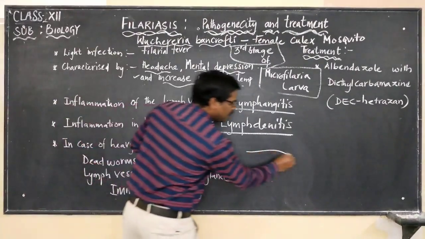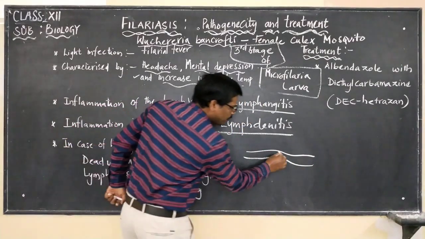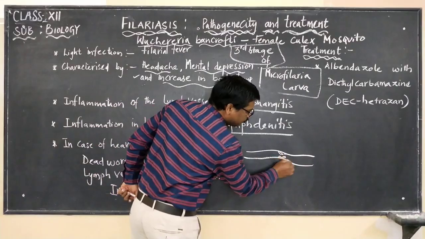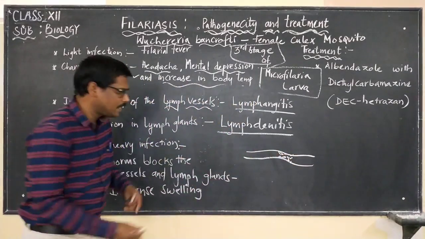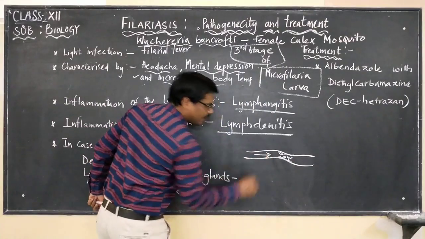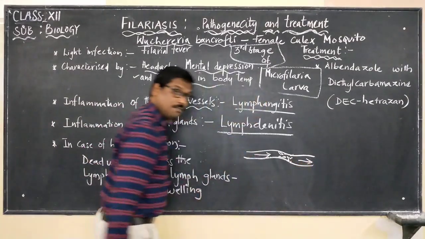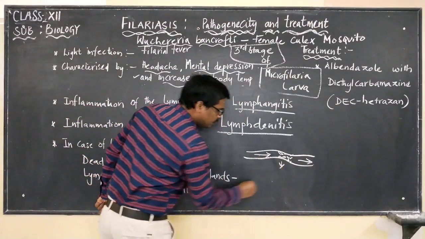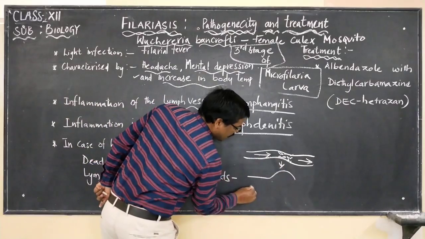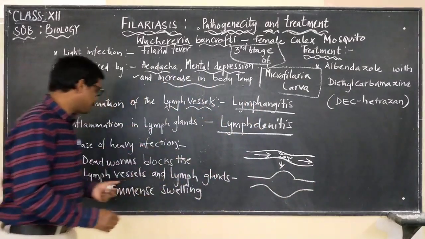Let us say this is a lymphatic vessel, blocked by the dead worms. There is no chance for the lymph fluid to pass to the other part of the lymph vessel. So that lymph vessel will start swelling.